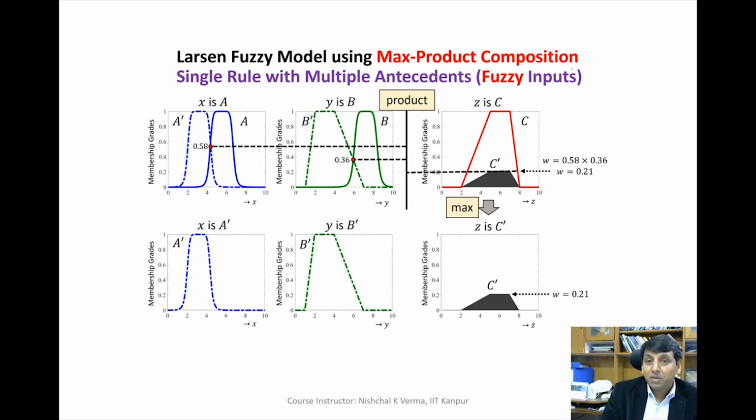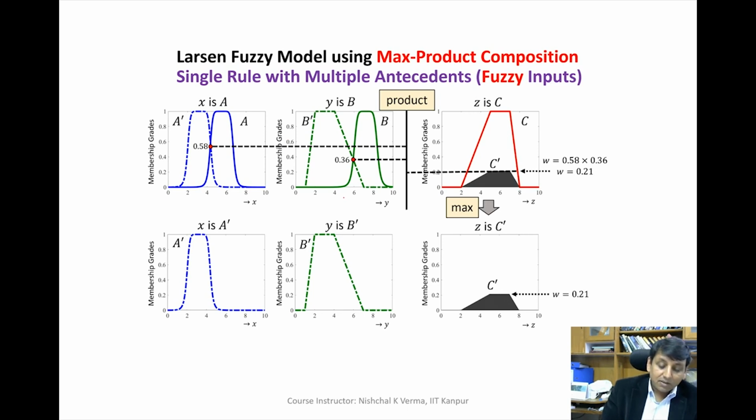Since we have multiple antecedents, particularly in the rule that we have here, which has two antecedents, the max product composition will give us a different result, because in the first case we have taken the max min. So we took the minimum of the weights, which in the previous case was 0.36.